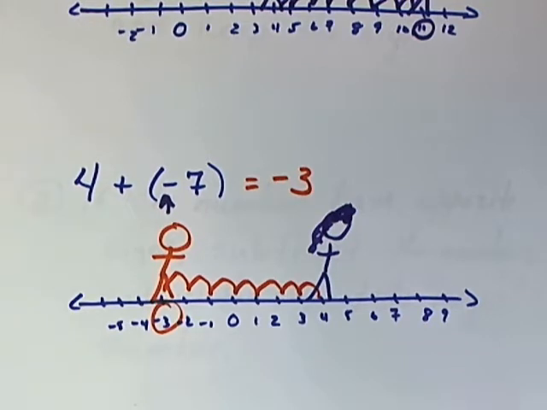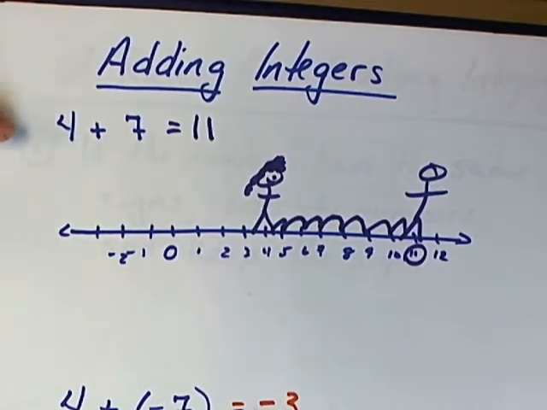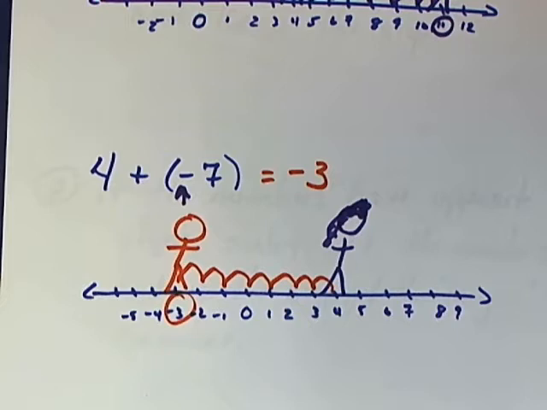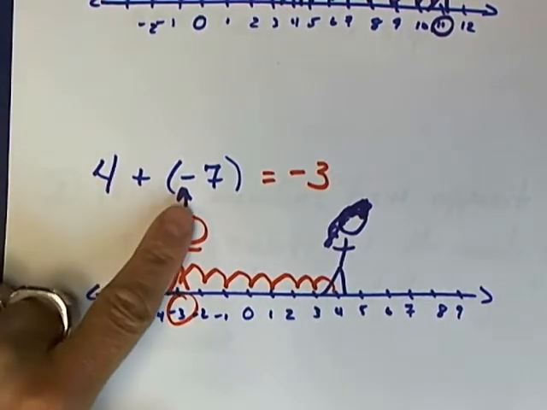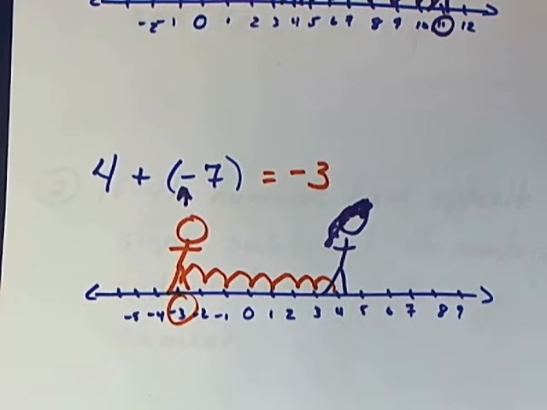Now, mathematically, what did we do there? Well, in the first problem, both of our signs were the same. It was a positive 4 and a positive 7. So we added the 2 numbers and kept it positive. In the second example, we had 1 positive number and 1 negative number. And essentially, the math that we did with a 7 and a 4 to get 3 is to subtract.